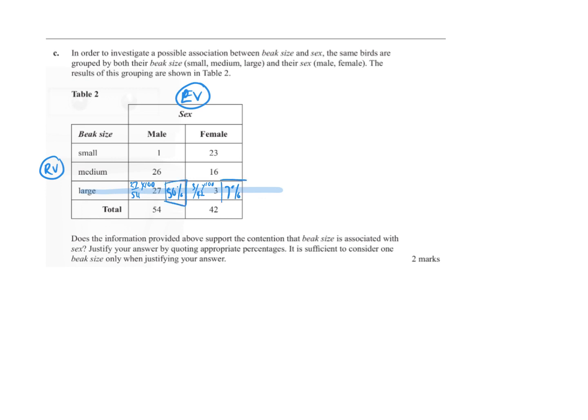So we are going to say yes, it does. So does it? So yes, it does support, because there's a change in percentage. There's 50% of the males have a large beak, compared to 7% of the females have a large beak. Okay, so that's a good difference.